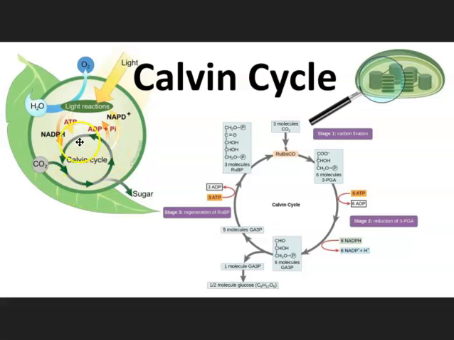The Calvin cycle is occurring in the stroma of the chloroplast. Carbon dioxide is found in here, and energy from NADPH and ATP are utilized to transform the carbon dioxide into a molecule that can be used by the plant and by other organisms that consume the plant in the form of sugar.